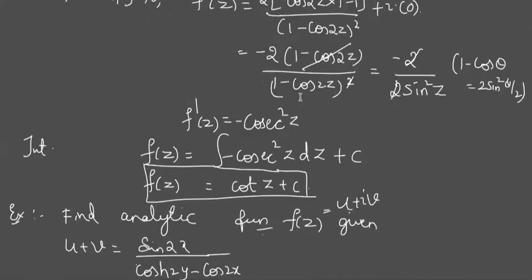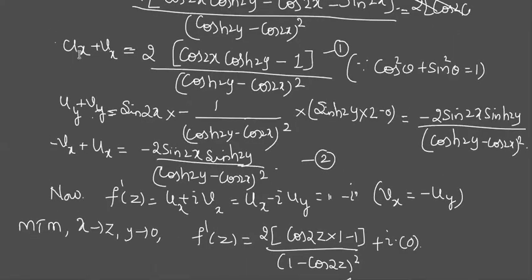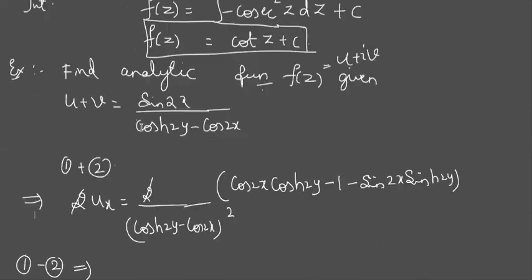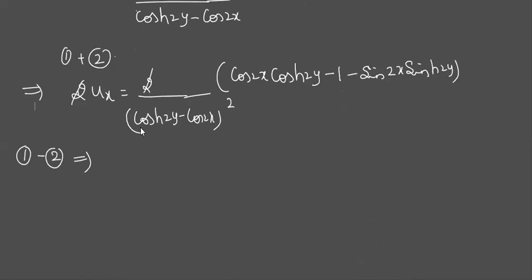Be careful about the LHS part. If I take a minus, then minus vx becomes plus vx and plus ux becomes minus ux, which can be cancelled. Tell me what the LHS part is if I subtract: 2 times vx. Again here also the same. The first term I have to write the same, cosh 2y, minus cos 2x the whole squared.